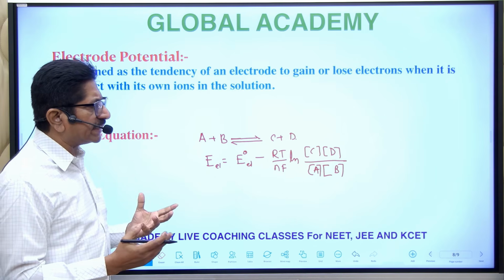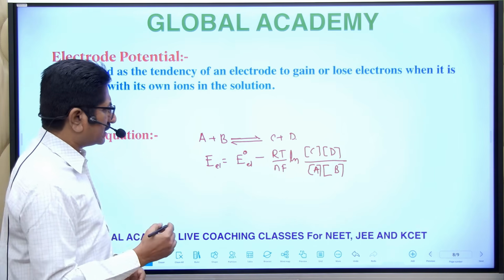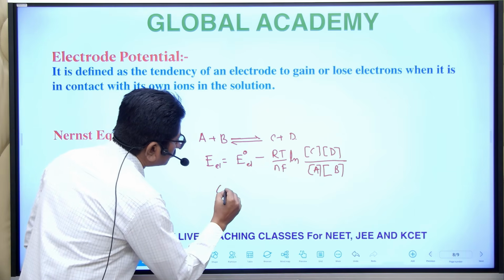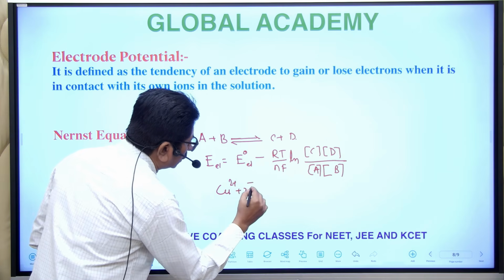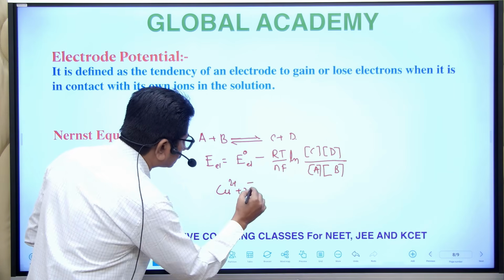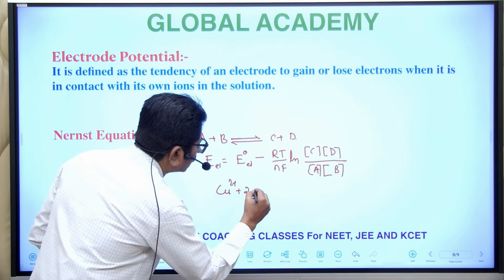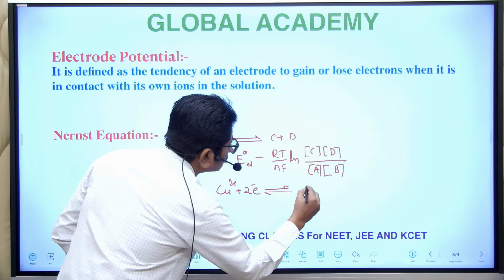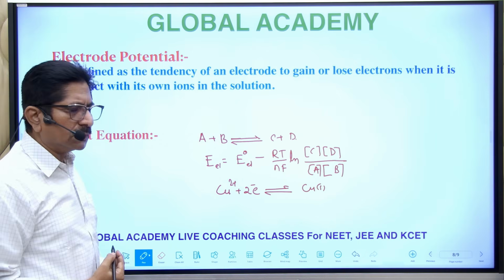Now, this is the general form of the Nernst equation. We can take one example and write the Nernst equation for it. For example, I am taking this reaction: Cu2+ plus 2 electrons gives Cu solid.